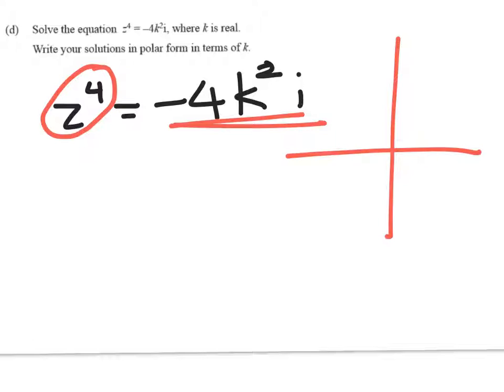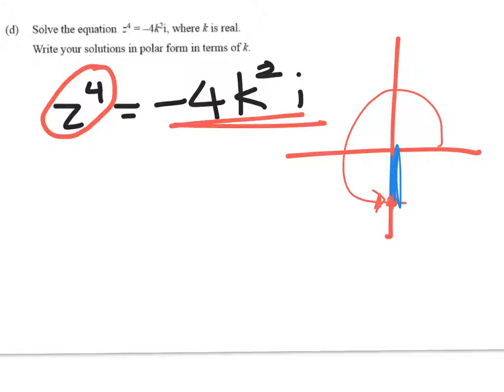So let's take a look at negative 4k squared i. Where is that? Well, it's down here. If it's negative something i, we can see that the argument is going to be 3 pi on 2, or 270 degrees, and the length of this is going to be just positive 4k squared.